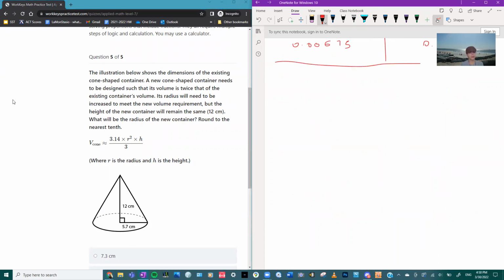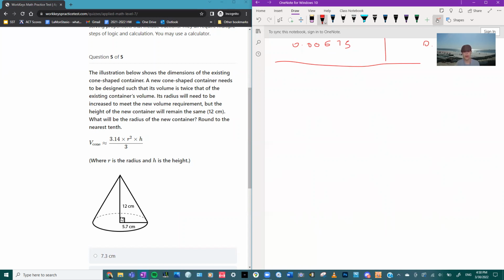The illustration shows the dimensions of an existing cone, but now there's a new cone that needs to be designed, and it's got to have twice the volume. The radius needs to be increased, but the height will remain the same. What is the new radius? So basically, there's going to be a new cone that's not the one that they show in the picture, and it's going to have twice the volume.